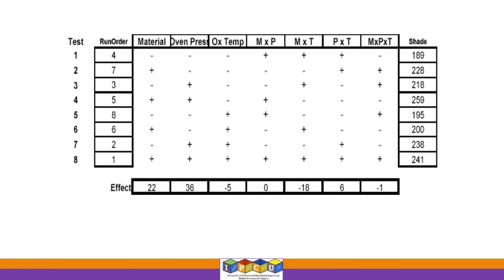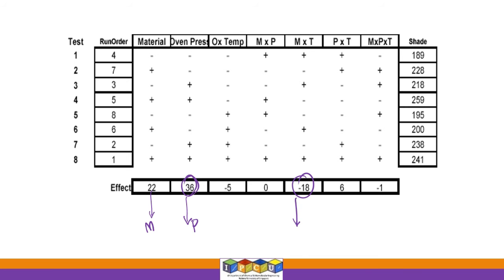Now, if we have to reduce the shade reading because a customer wants a product with a shade reading of 150, what I'll do is I'll reduce the oven pressure because this effect is positive. So if I decrease the oven pressure, it will decrease the shade value. I will also decrease the material from material B to material A. So material will go down, oven pressure also goes down. So how do I capitalize on this?